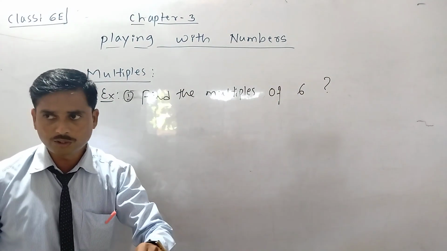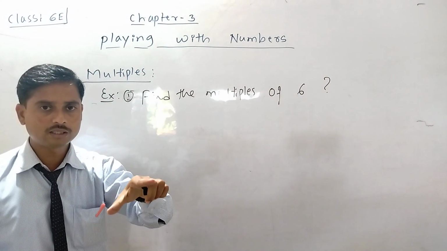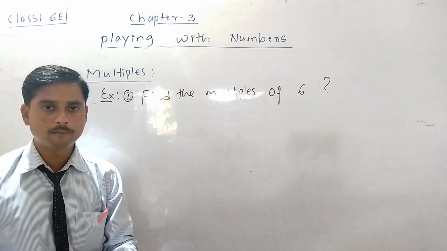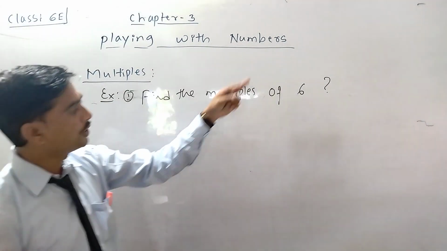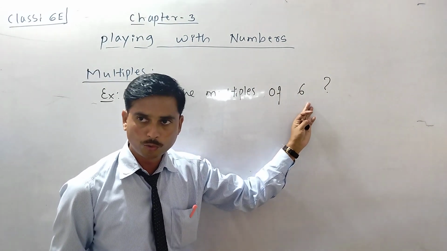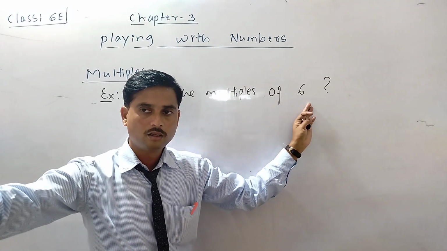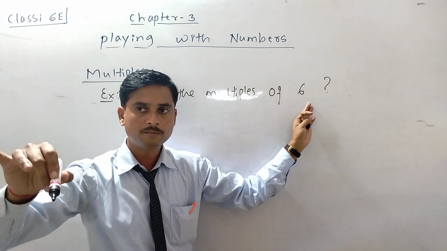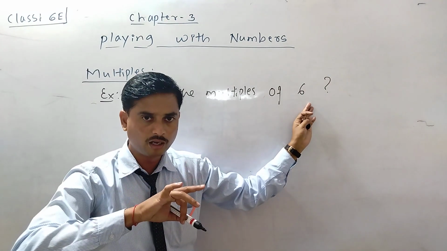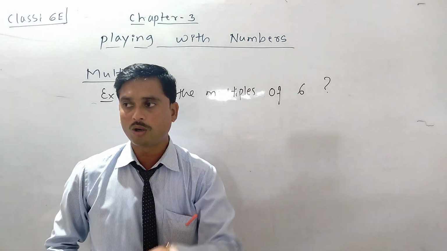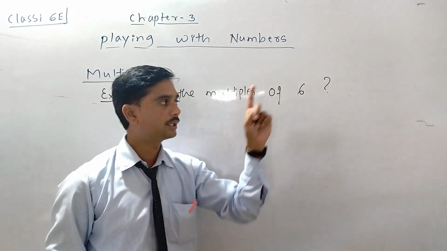You have to use countable numbers, 1, 2, 3, 4, 5, 6, 7, 8, 9, 10, and multiply with the given number. That product is called multiples of 6.